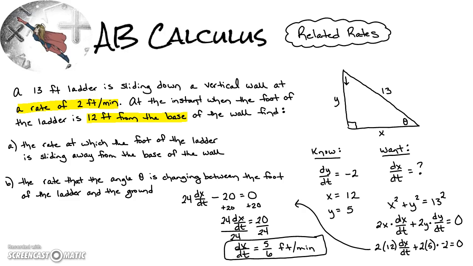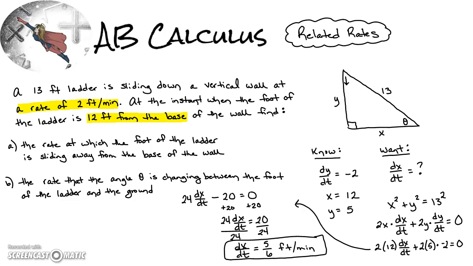And what I would use, I think I would use sine, because then I could do opposite over hypotenuse. And since the hypotenuse is 13, and it's not changing, that'll make it easier to work with than if you picked, say, tangent. Because if you do tangent of theta, you're going to have to equal it to y over x, and then you're going to have a lot of variables to work with.